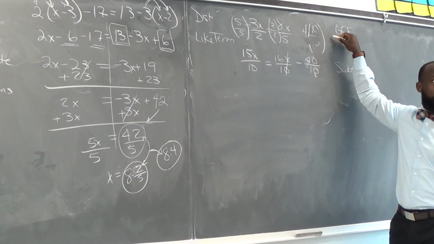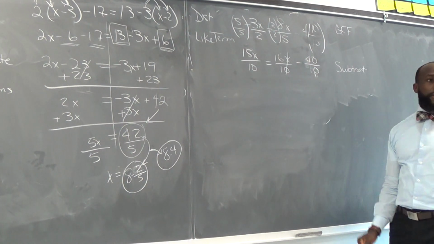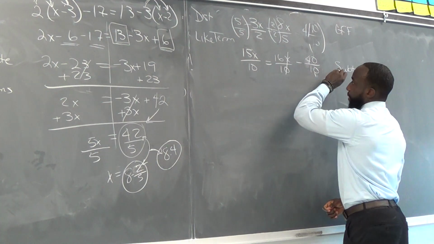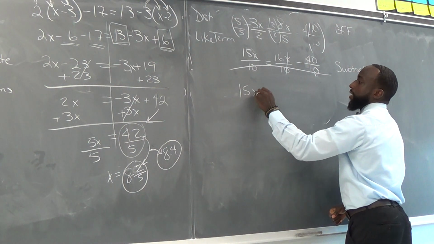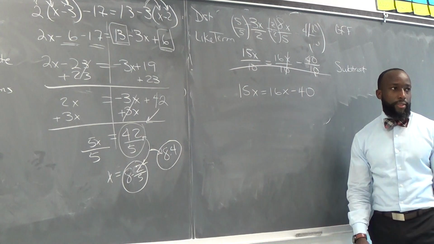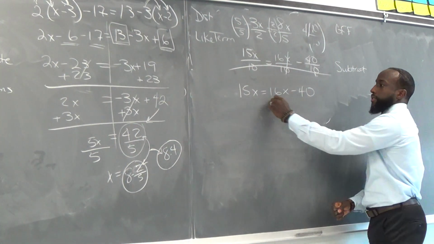With this greatest common factor, we got denominators of 10, right? Since they all got the same denominator, cross them out. They can all just go away. So now we got 15x equals 16x minus 40. And then you subtract 16x from both sides.